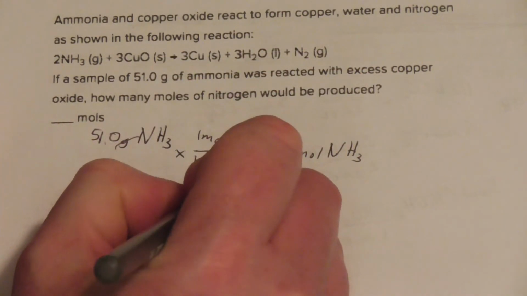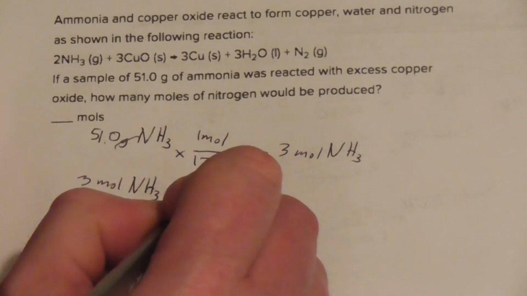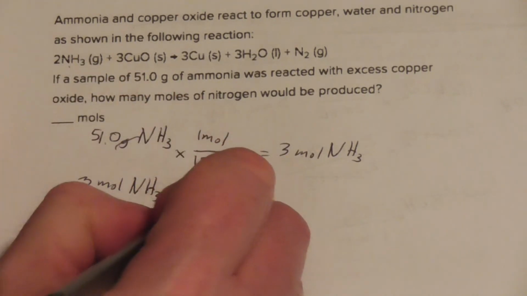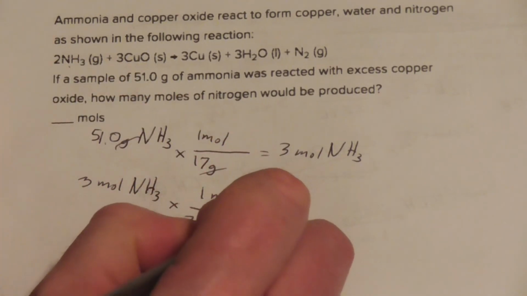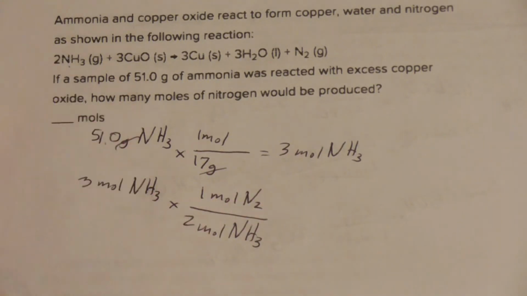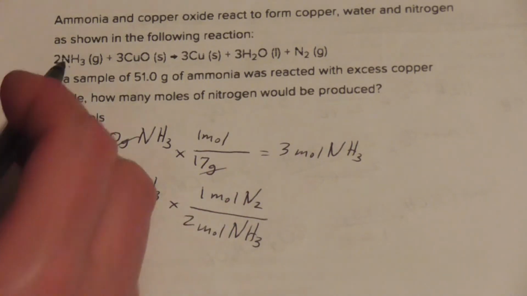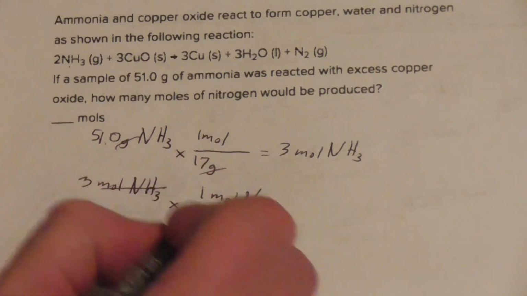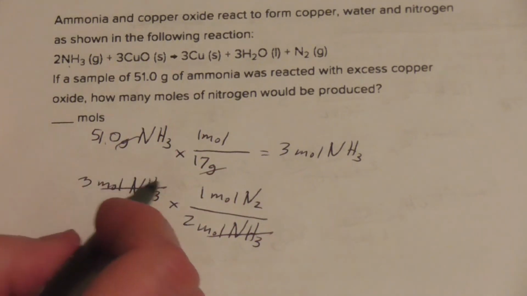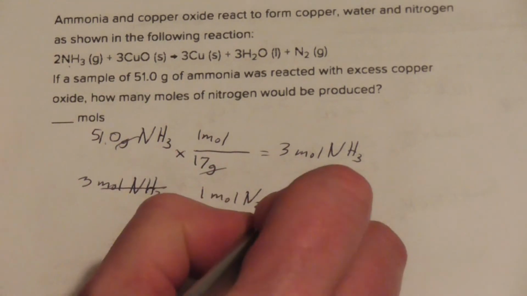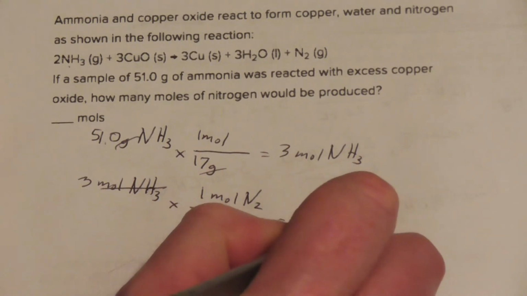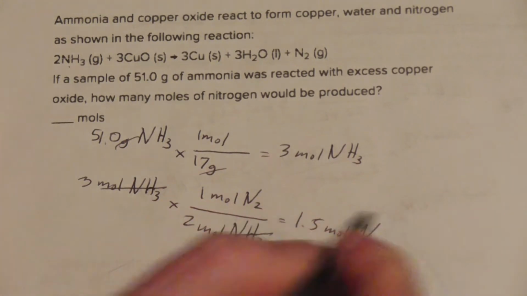So it's 1 mole of nitrogen over 2 moles of ammonia, which I get from my balanced equation. The moles of ammonia cancel out. 3 times 1 is 3, divided by 2, 1.5 moles of nitrogen.